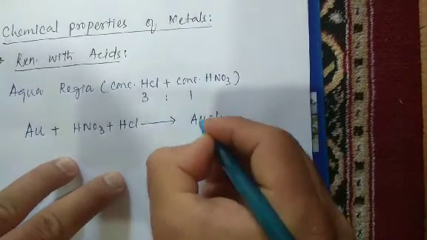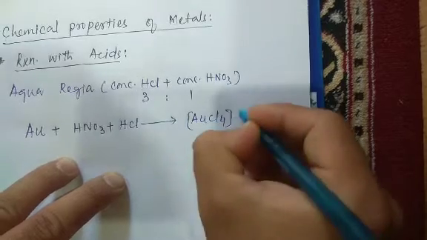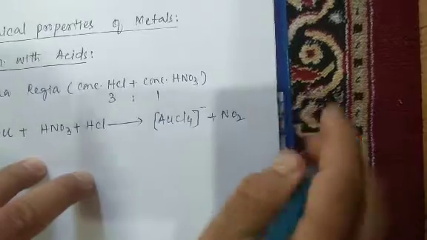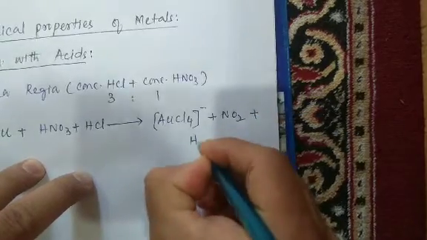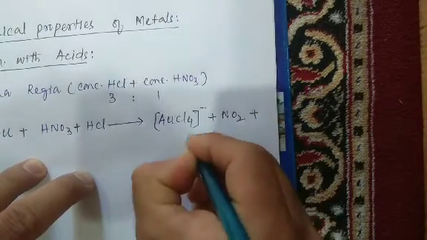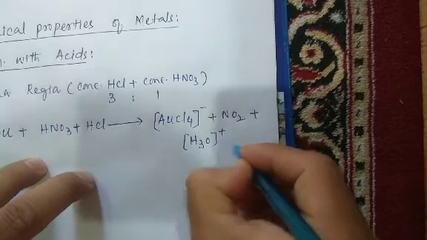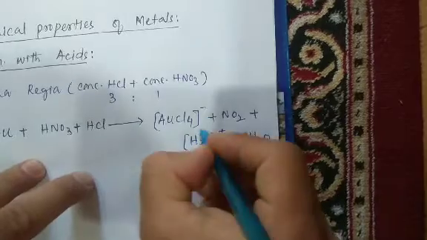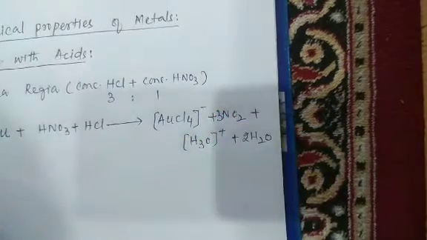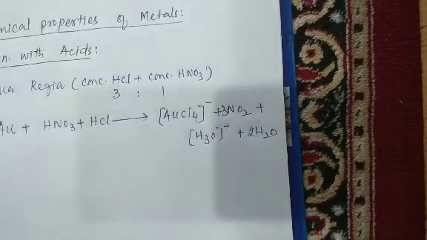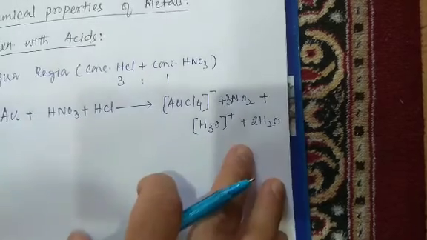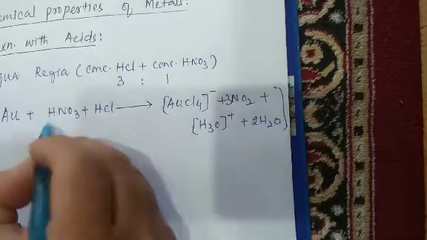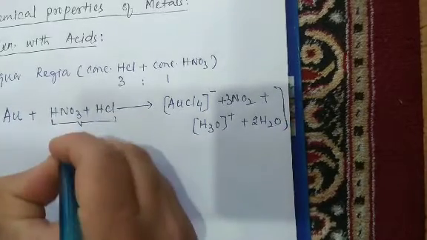Gold chloride, nitrogen dioxide plus hydronium ion is formed, sorry, and water is produced. Water is released also. Now we will balance it. This is the reaction of when the gold is dipped into aqua regia.